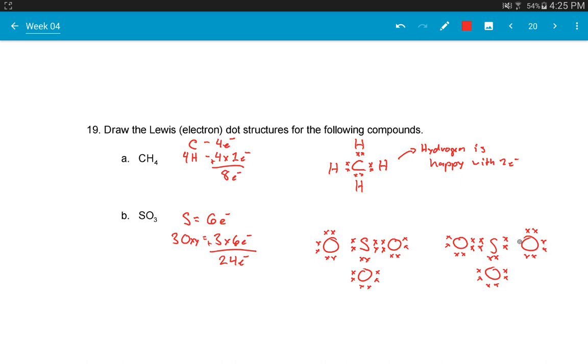As long as each element has 8 electrons and we do not go beyond the total electrons that we have to work with, we should be okay.